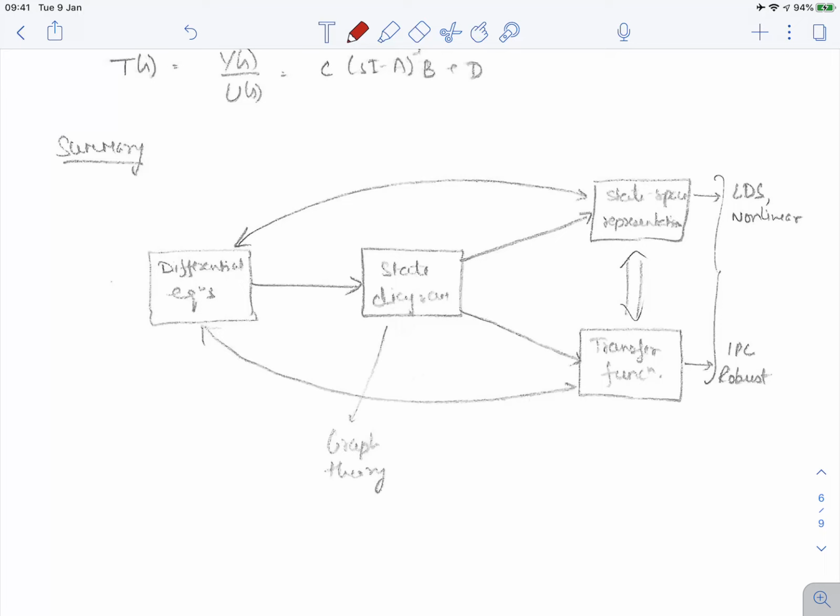Just to mention, for those who are wondering, in this summary I have specifically written two more terms, LDS and nonlinear, and IPC and robust. The idea was to connect all these blocks with some other future courses we are running in the control group. In this course, we will see only the basic introduction of the state space representation and do some basic analysis.